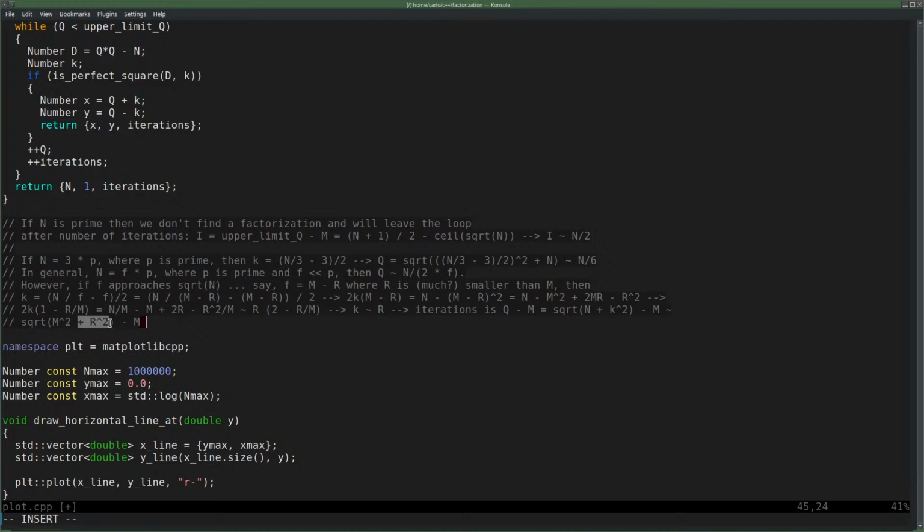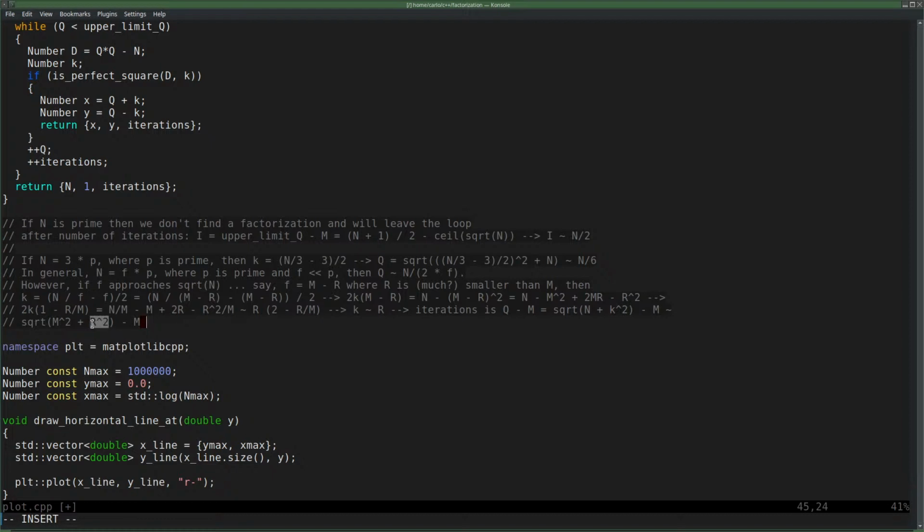If you would ignore it completely, well, then you would get just m minus m, 0. That's not what I want. I want to find out now what this is in terms of r. Yeah, I just have to treat this.